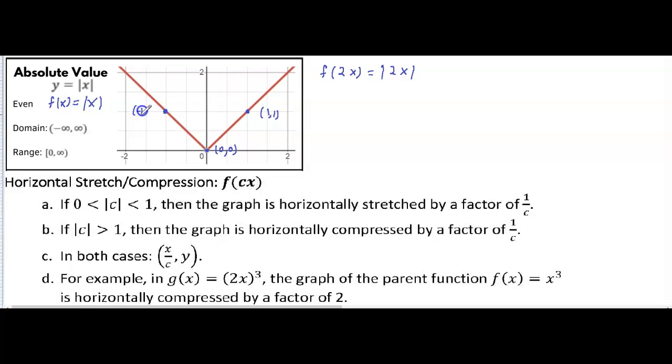And this one is at negative 1, 1. Here we have this case where the absolute value of c is greater than 1, since our c is 2 in this case. So we should think that there should be some sort of horizontal compression by a factor of 1 over 2 in our case. And in both cases we see that this is what ends up happening to our points, right?